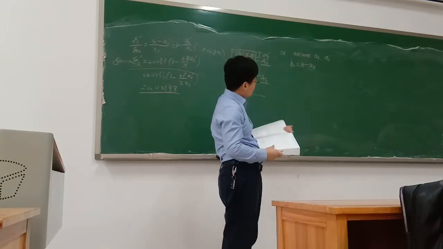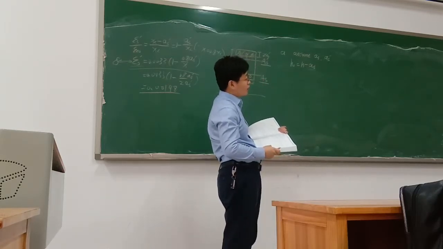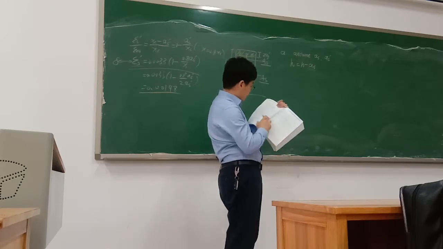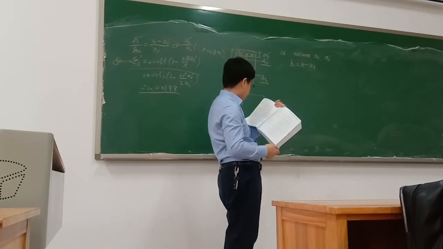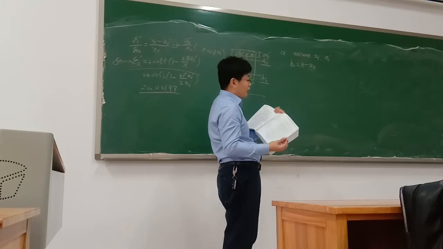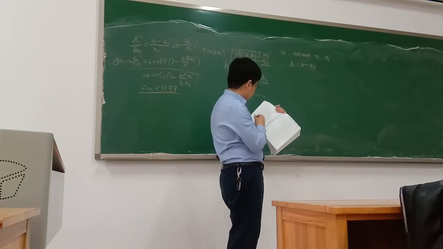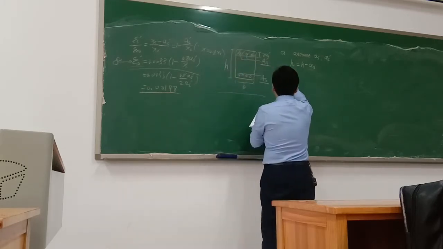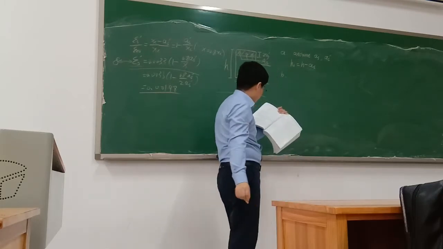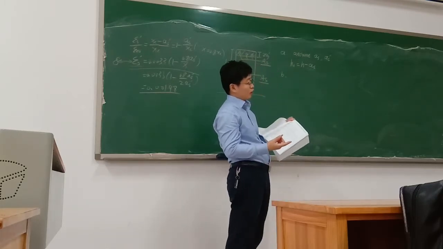Once we get H0, we can use the basic equation for step B, to check whether it's a single reinforcement or not.